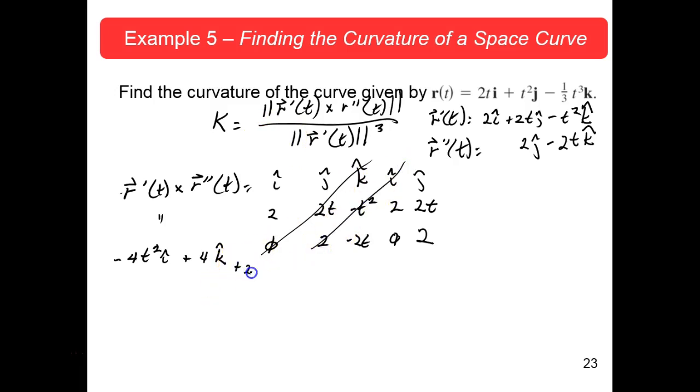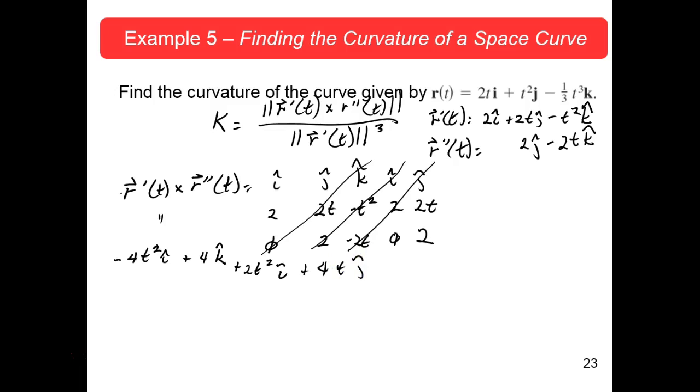Plus 2t squared i, because you're doing up diagonals, those are always negative. And this one would then be plus 4tj, right?